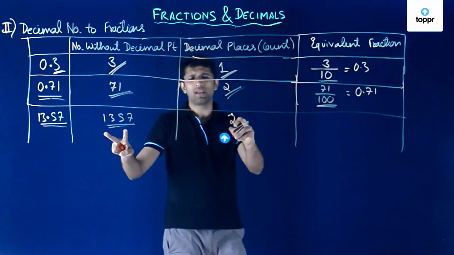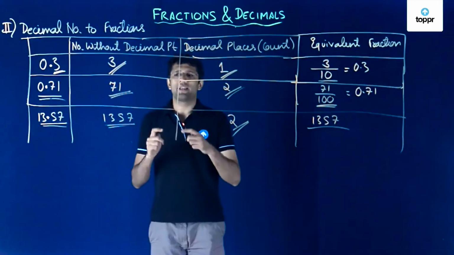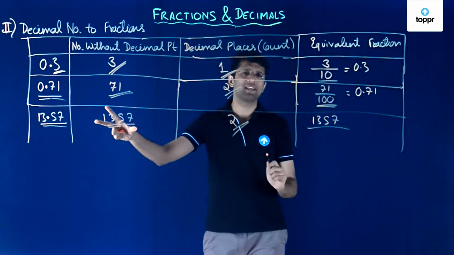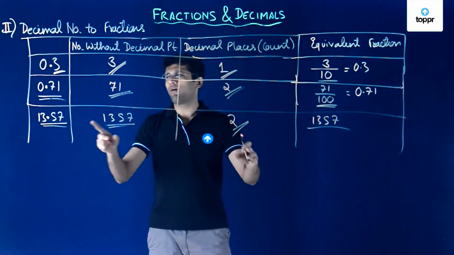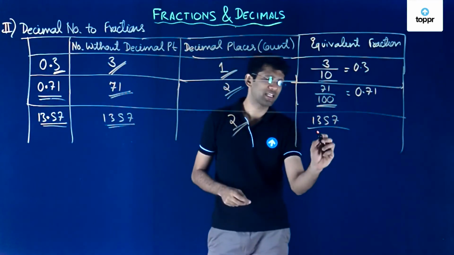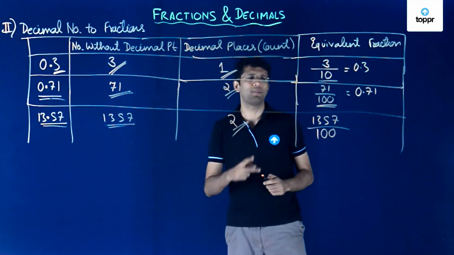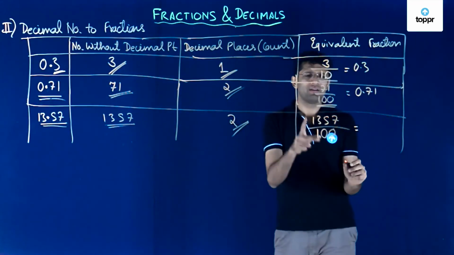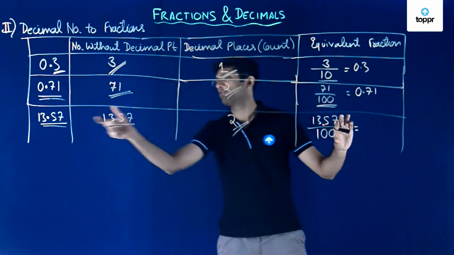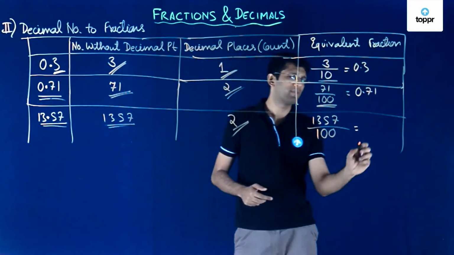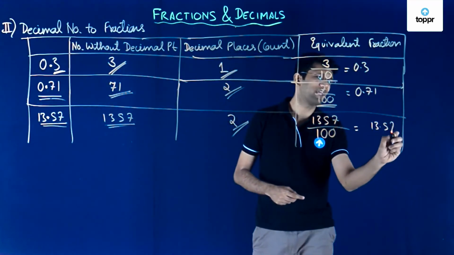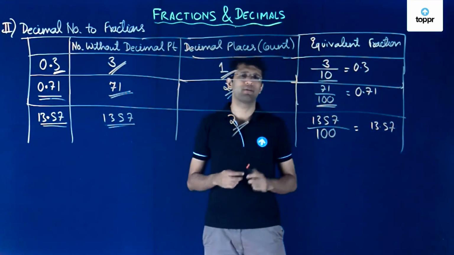I know that if I divide 1357 by a power of 10 that has 2 zeros, such a power is 100, because 100 is the power of 10 that has 2 zeros. Upon this division I will get the equivalent fraction for 13.57. So the answer is 13.57 can be written as 1357 divided by 100.